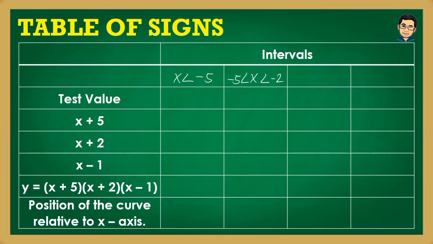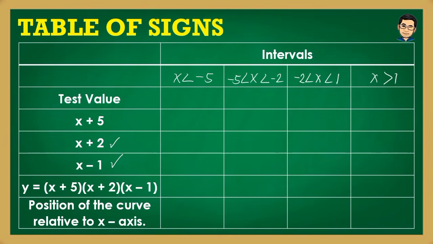Ayan. And then, sa pagitan ng negative 2 tsaka 1, magiging x is less than 1 but greater than negative 2. And then, greater than 1 naman, so sulat lang natin, x is greater than 1. So, yan yung mga intervals na kailangan natin.